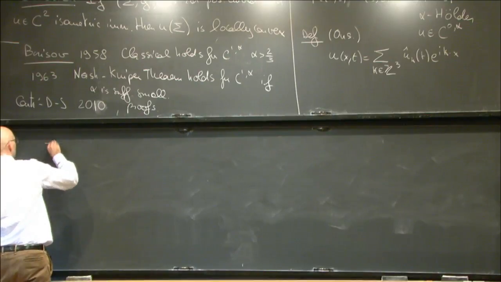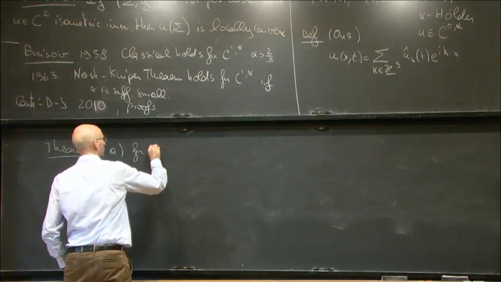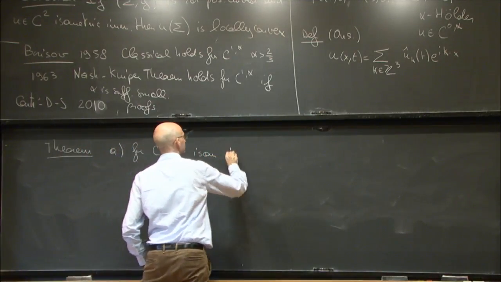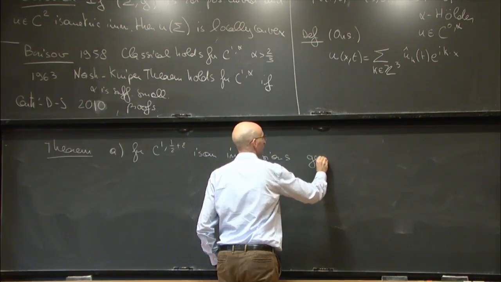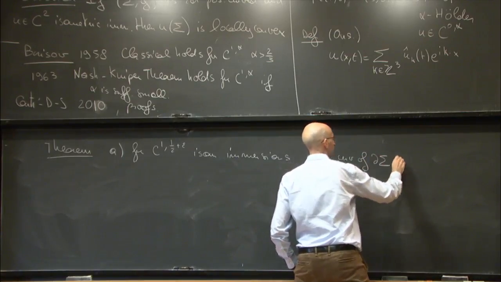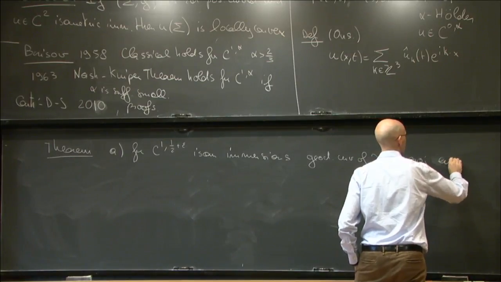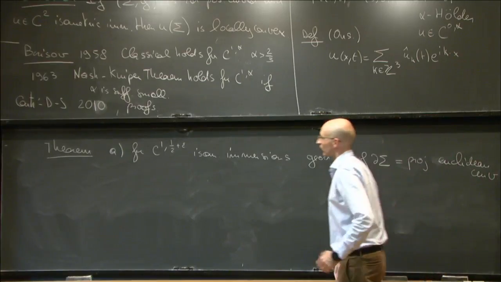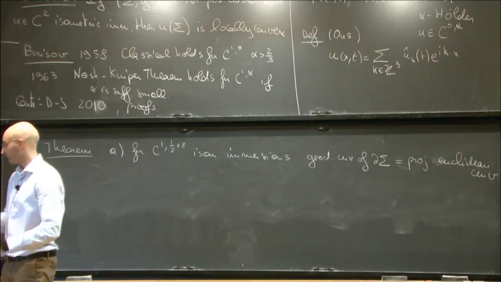So the theorem, let's say this would be part A, for C1 1/2 plus epsilon isometric immersions: the geodesic curvature of the boundary of sigma equals the projection of the Euclidean curvature. And in particular, geometrically, this gives you a constraint on the angle with which you can start at the boundary.